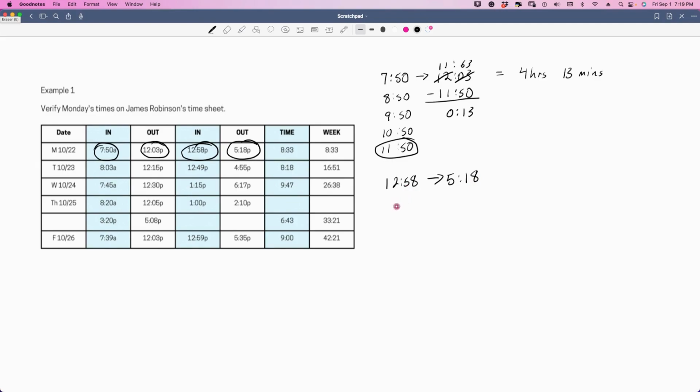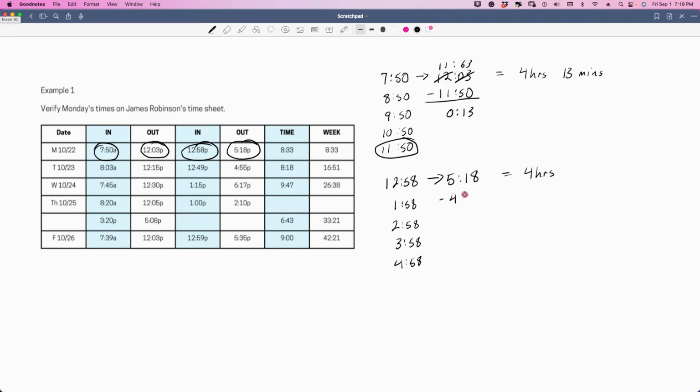So from 12:58 to 1:58 is 1 hour, 2 hours, 3 hours, 4 hours. If I go to 5:58, that's past this. So 4:58 is the maximum I can go. So that equals 4 hours, and now I've got to find the minutes.